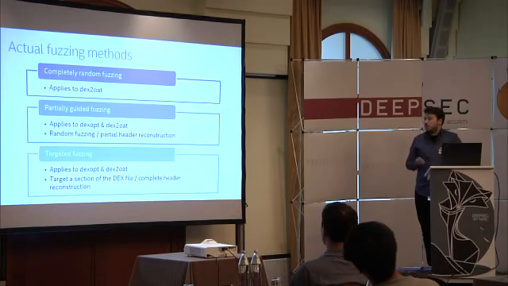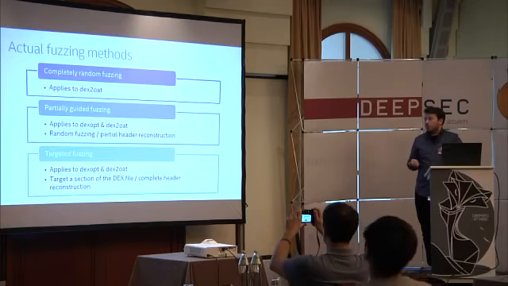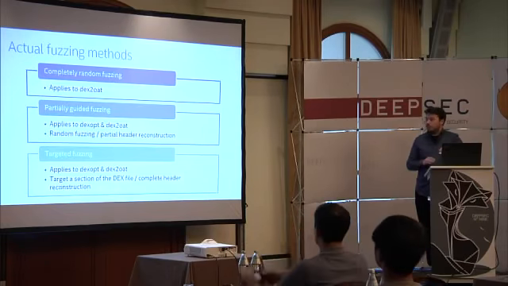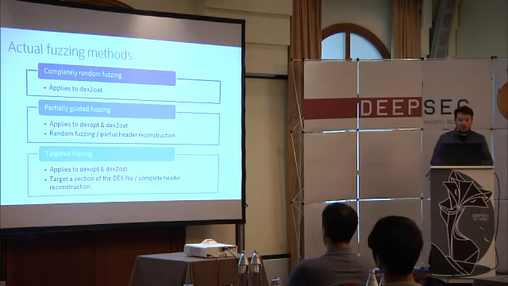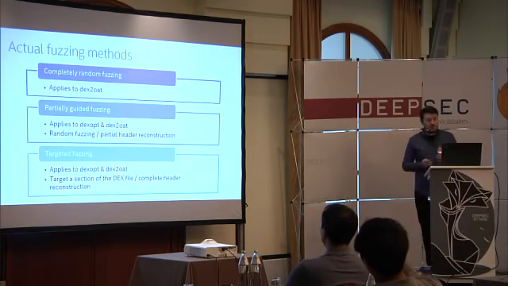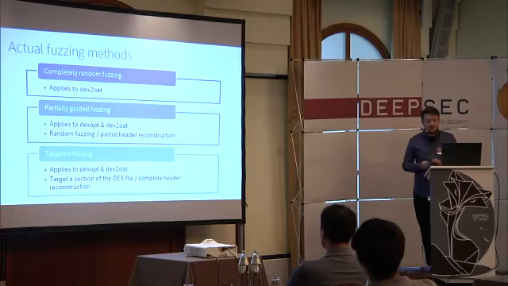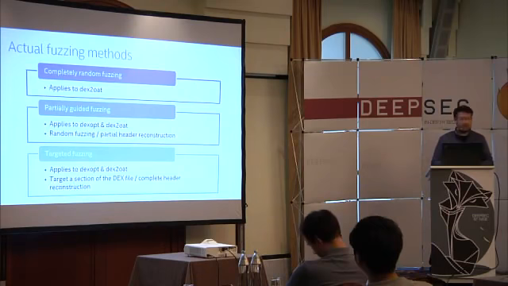To overcome this, we considered three fuzzing methods. The first one was the initial one, where we performed a completely random fuzzing campaign against DexOpt. This couldn't actually be applied to dex2oat, only to DexOpt. Then the second method was partially guided fuzzing, where we would randomly fuzz the dex file and then come back and try to fix as much as possible in the file header.